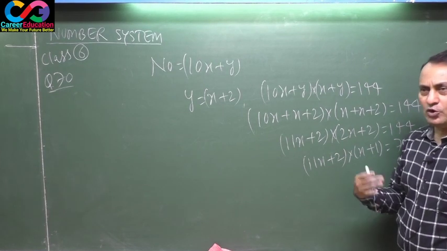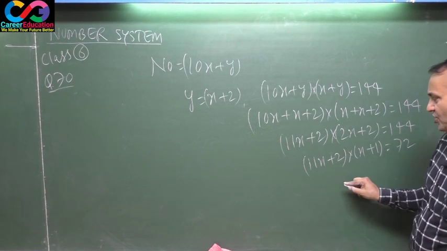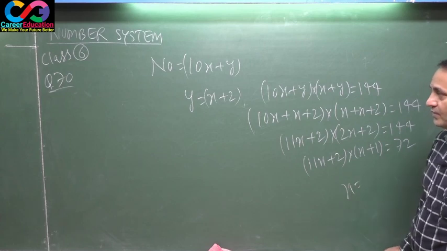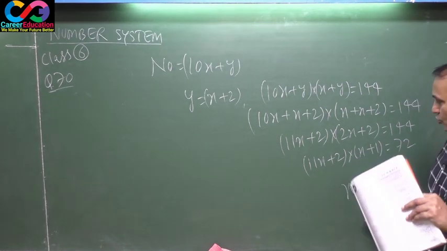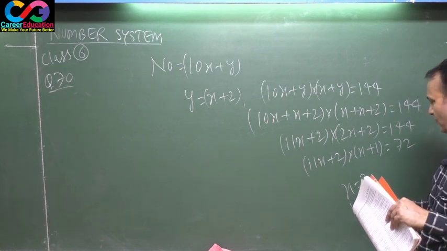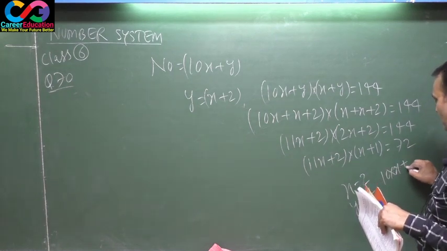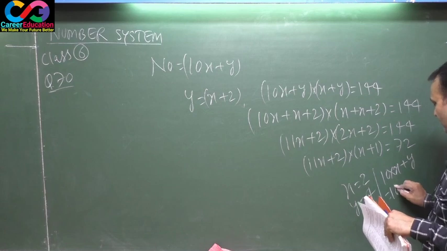This will be solved through a quadratic equation, and x will be 2 and y equals 4, then 10x plus y equals 24. Note down.